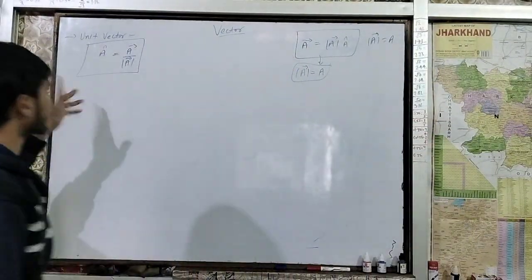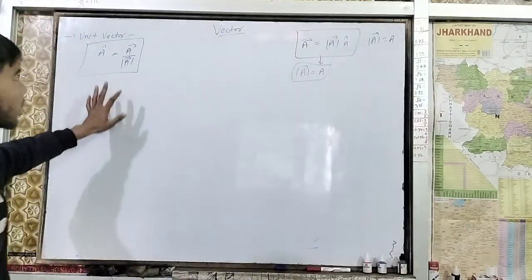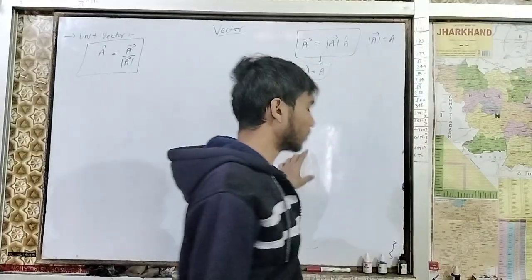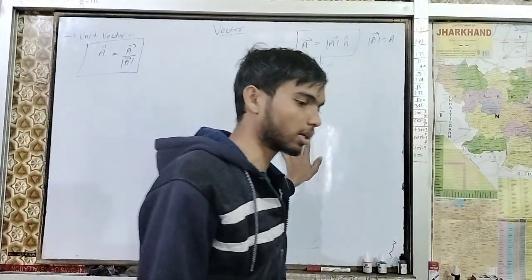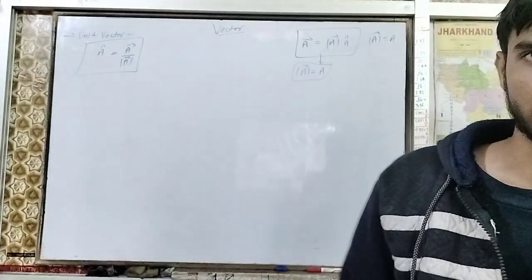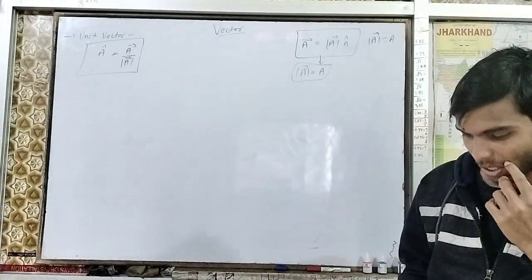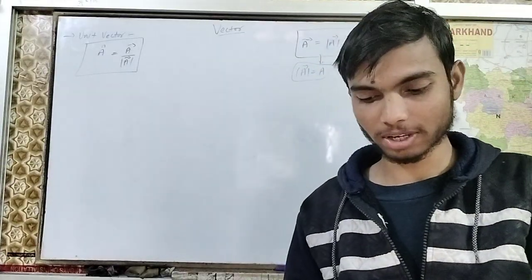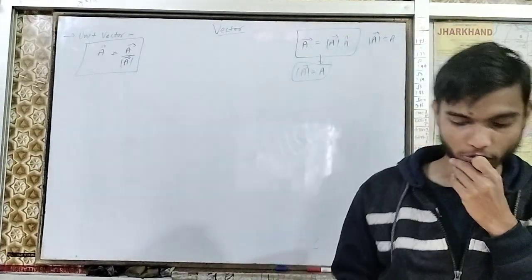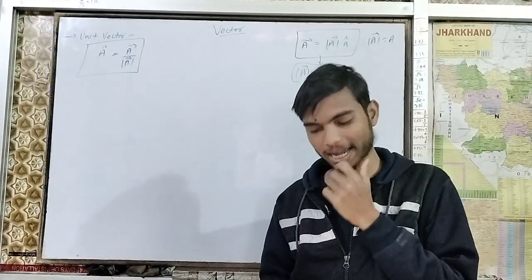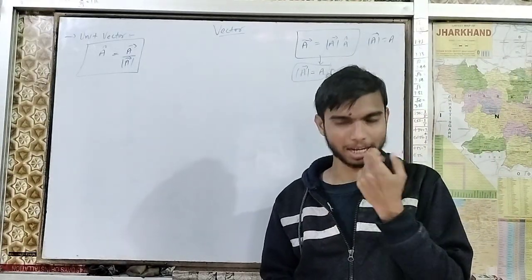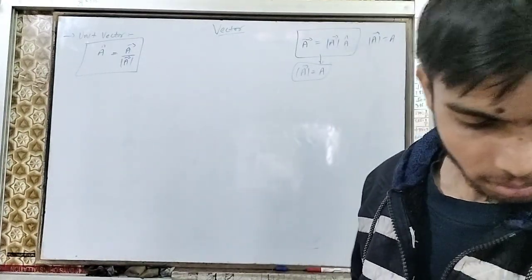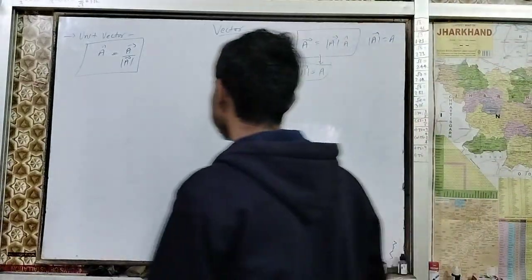From this we got A cap. And we learned that the mode of any vector can be equal to a. So note that a unit vector is used to specify the direction of a vector. I have told this multiple times: a unit vector is used for a specific direction.